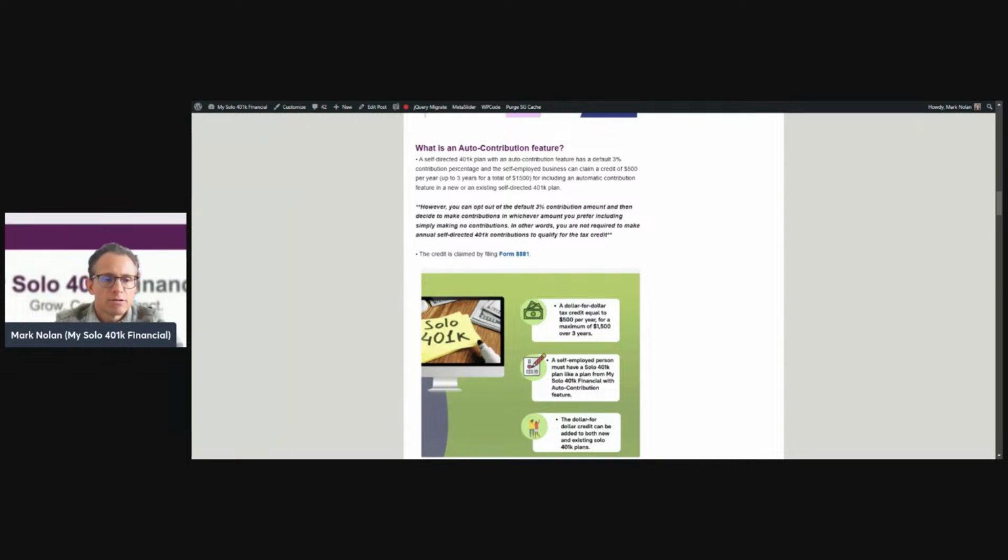So $500 for 2025, you would file Form 8881, and a second amount in 2026 for $500. You would file another Form 8881 at that time, and then a final one of $500 in 2027, you would file Form 8881.